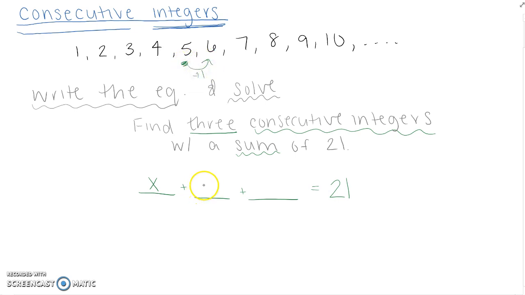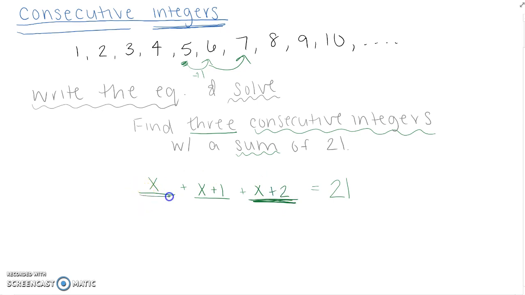So this is going to be whatever the original number is plus 1. Then, for my next consecutive number, I need to add how much? Well, remember, I'm going from x. All of this needs to be in terms of the same variable. So if I'm starting from x, in order to be consecutive, I have to add 2.